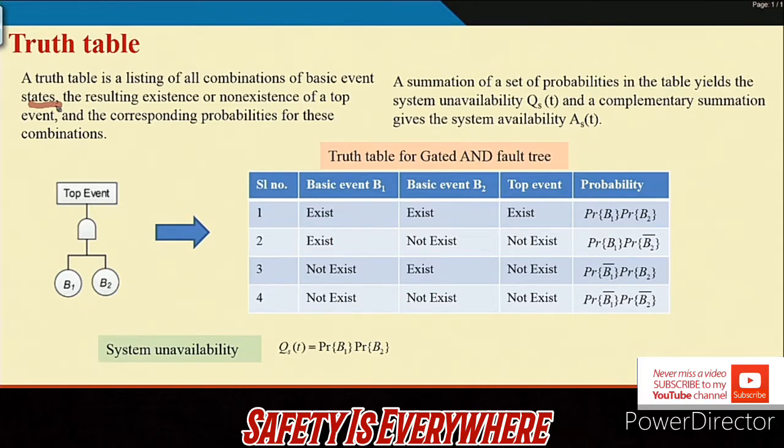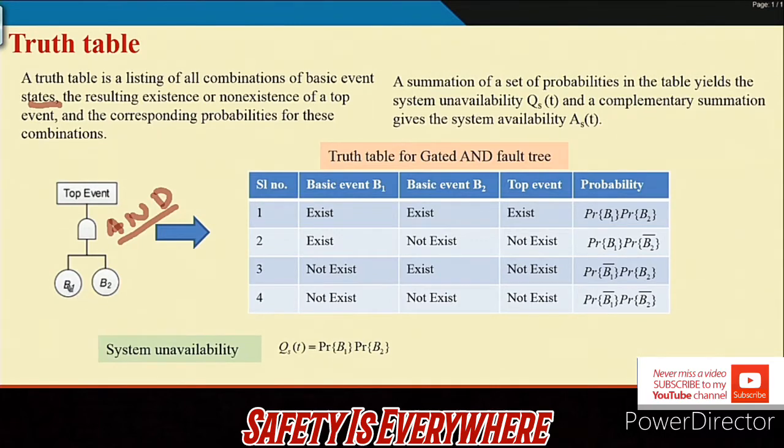For example, if we consider a fault tree having two inputs, that means two basic events, and the top event is linked with an AND gate, then how many states or combinations are possible here?